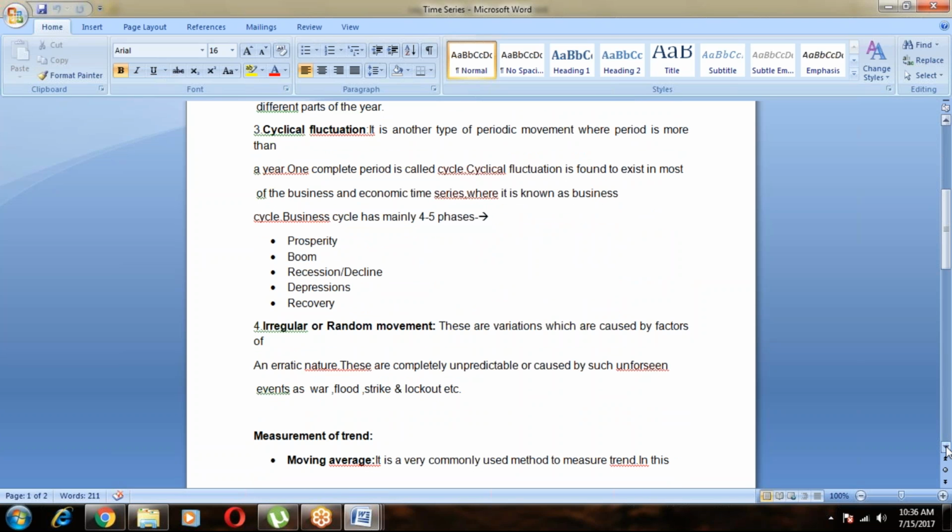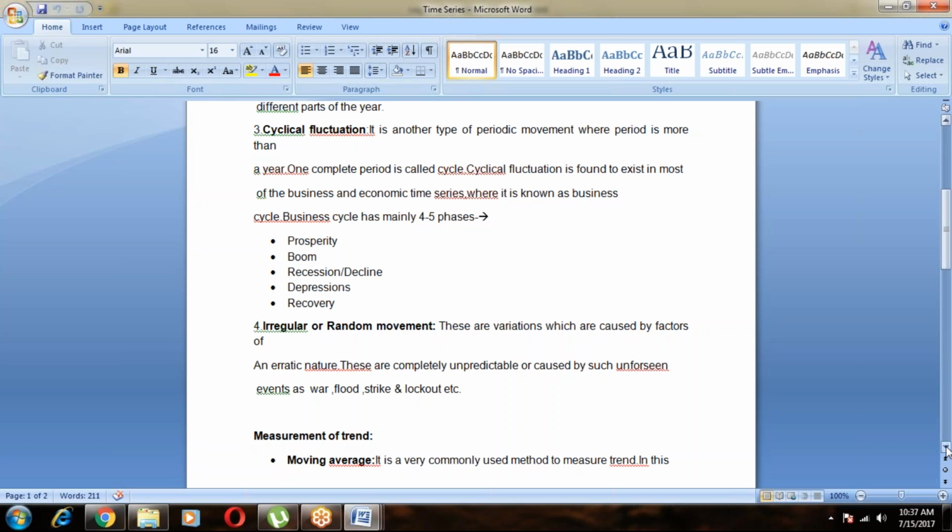Next is cyclical fluctuation. Obviously it is periodic in nature, but here the period is more than 1 year. Whenever we talk about economic activities, we talk about 5 phases.